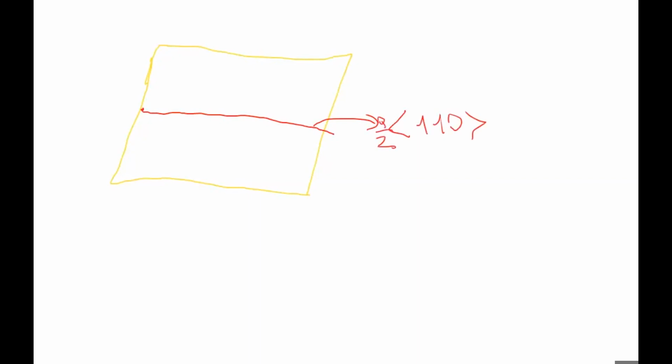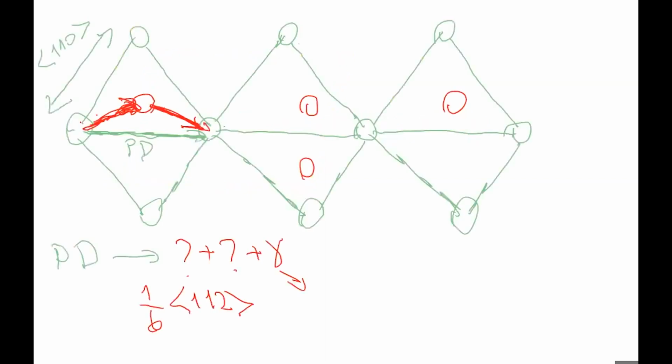Then it is simple to create. So if we have one plane and 110, the length is a, let's say a. Perfect dislocation, they will decompose with this reaction.